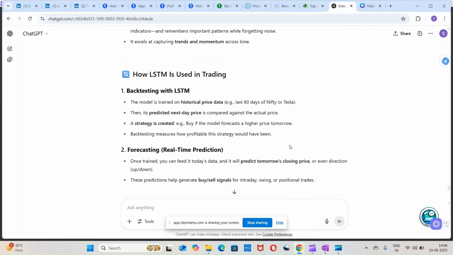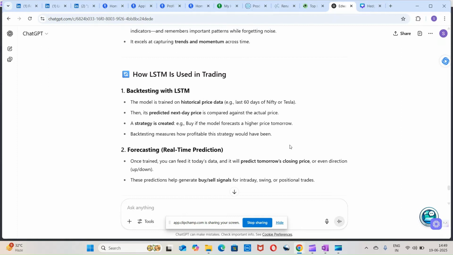So how is LSTM used in trading? For backtesting, the model could be trained on historical price data, like the last 60 days of Nifty data or Tesla data, or any stock price data.